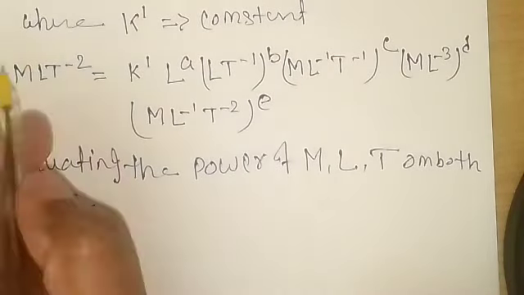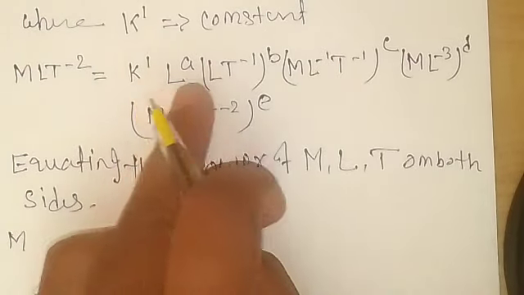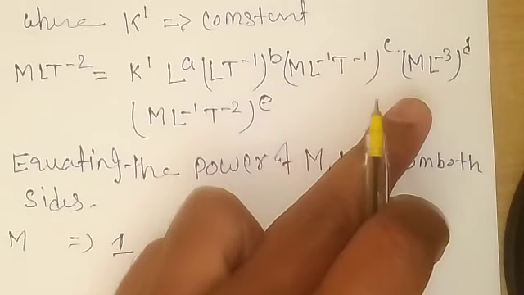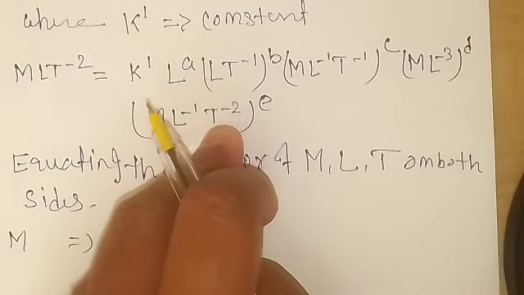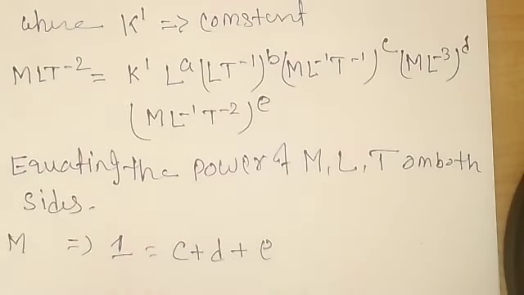So now while we equate, for M, the power is 1 on the left hand side, and on the right hand side we have M power c, M power d, and M power e. So your equation is 1 = c + d + e, all right.